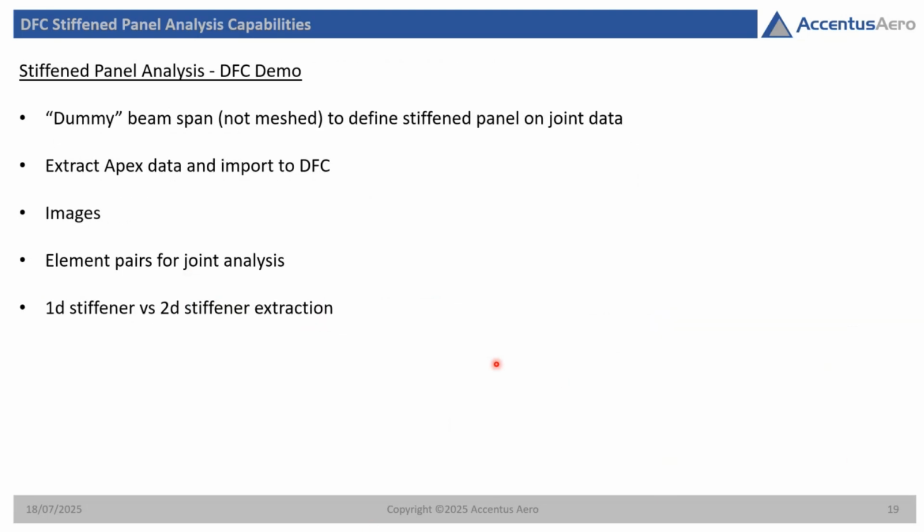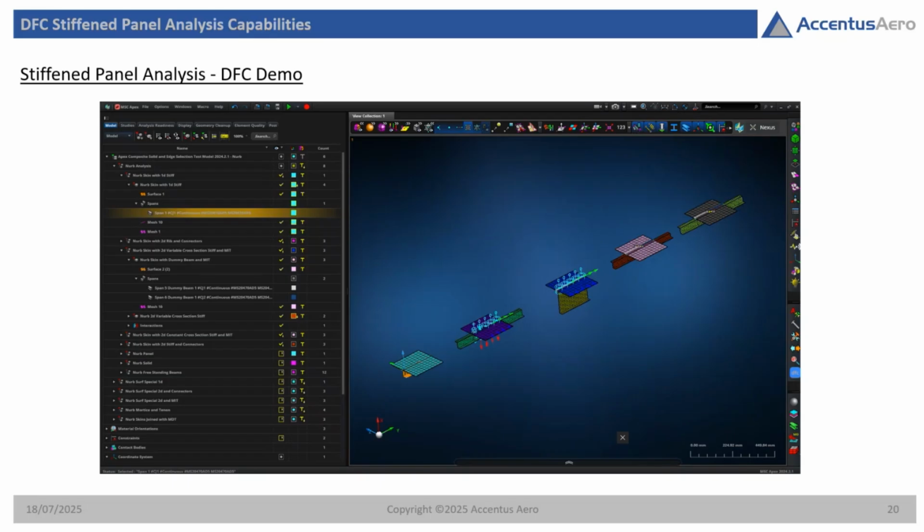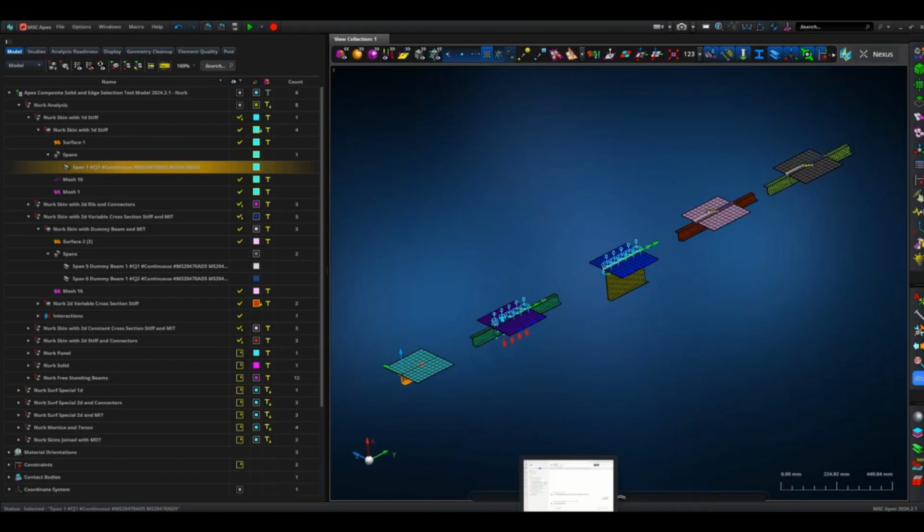Right, so let's do a demo quickly again on how we do this. We use a dummy beam span, or a real beam span, to identify different panel data, show how we extract it, and quickly show again the images, element pairs, and how we do 1D versus 2D extractions. Again, we use our previous model.